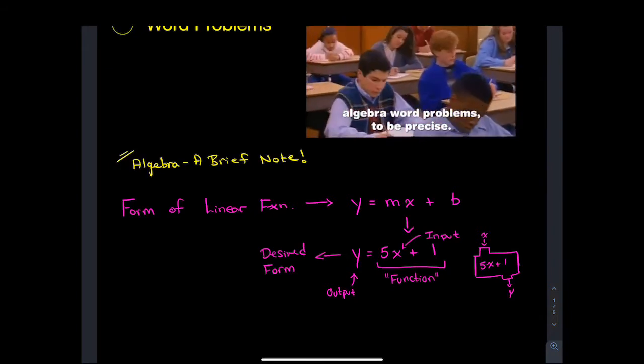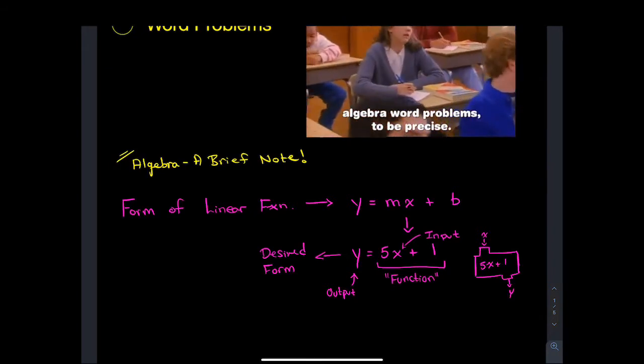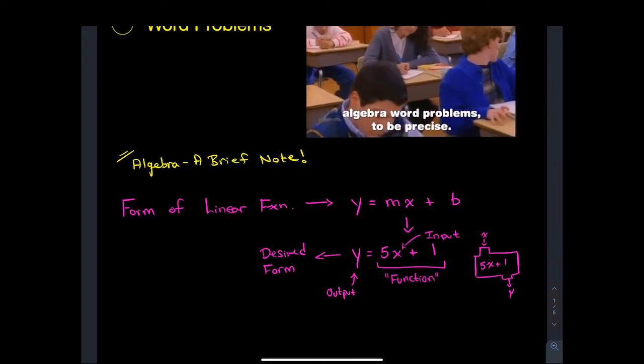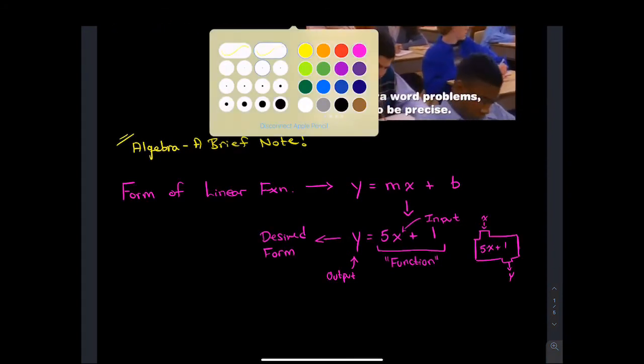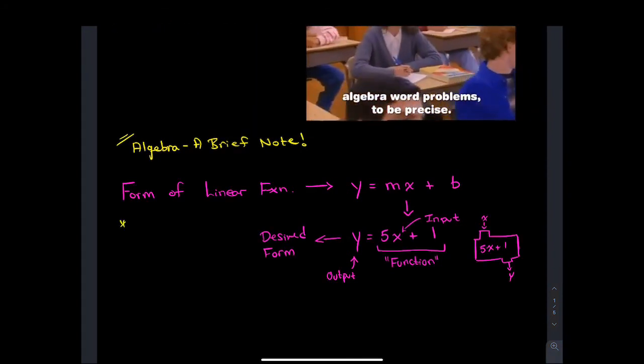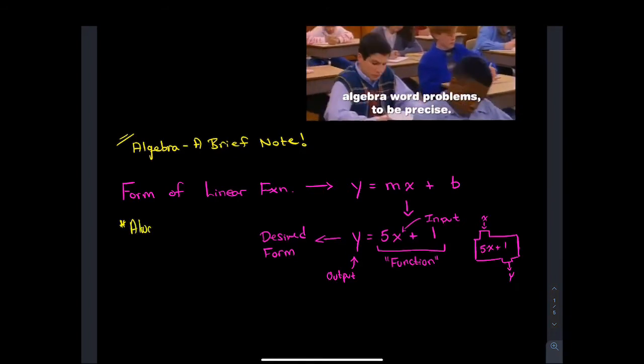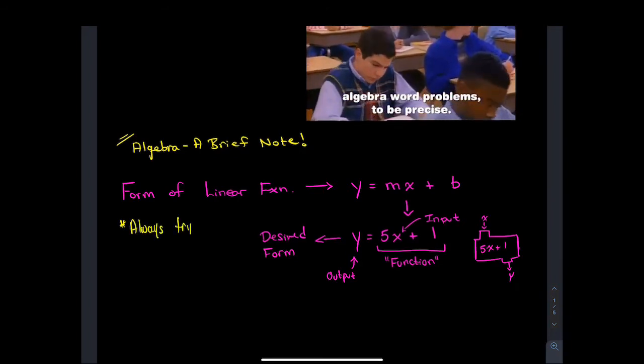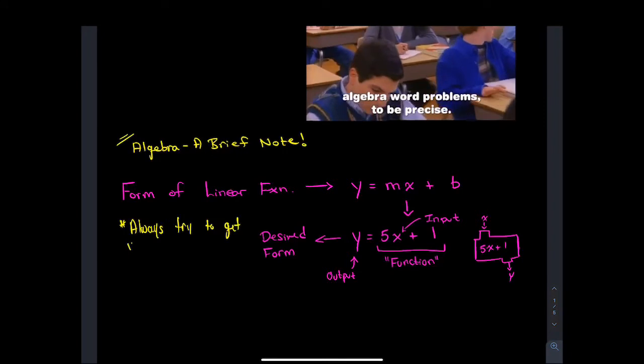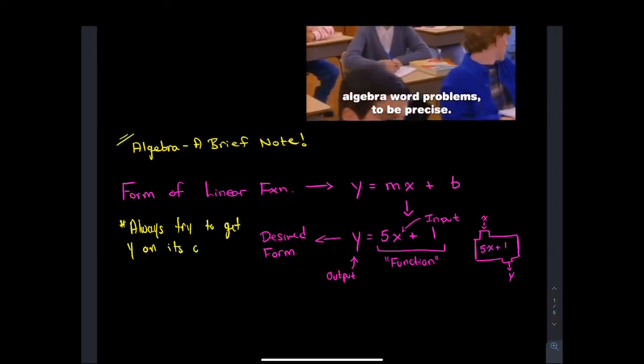It's essentially the same thing. So the goal when we're trying to solve for a linear function is to always try and get y on its own. Always try to get y on its own.